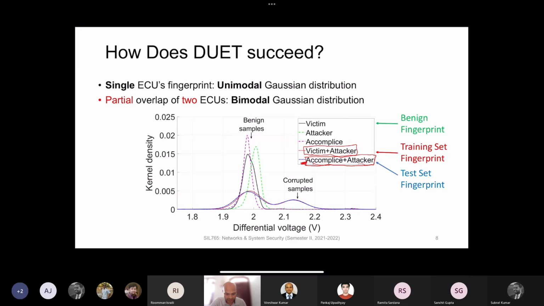Okay, let me quickly ask, would this attack still be possible if the attacker impersonated and the accomplice started transmitting when the attacker was transmitting? Would the attack still be successful?